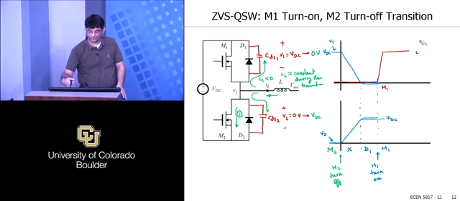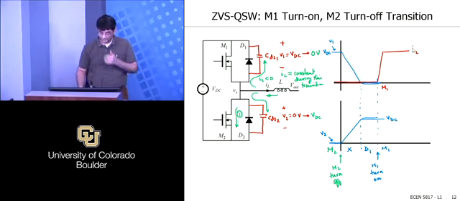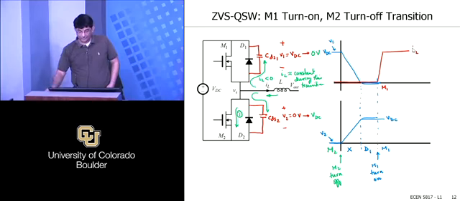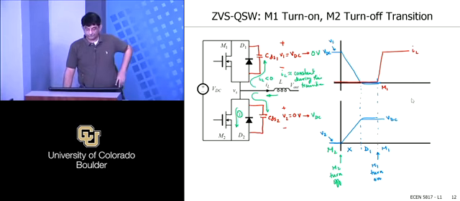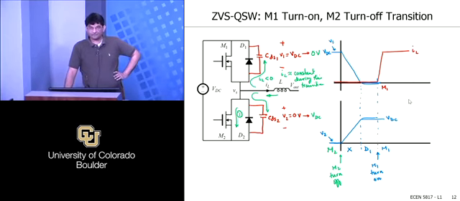To be proper, this is little IL, okay? Make sense? So again, I have been able to achieve 0 voltage switching of both my devices and get rid of that switching loss.